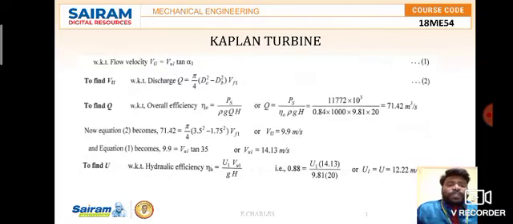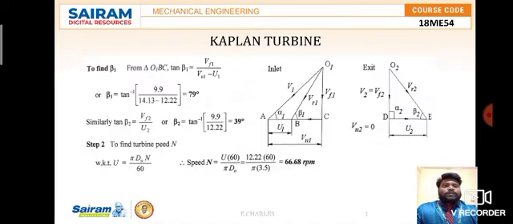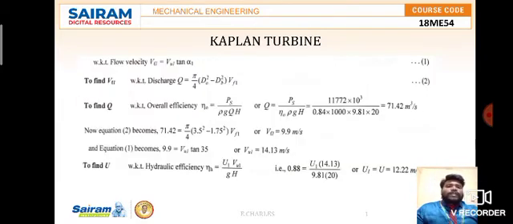If we know Vw1 and U1, we can analyze what kind of triangle we need to draw first. For that, the flow velocity Vf1 is equal to Vw1 tan alpha 1. So first and foremost, we need to find the flow velocity, that is Vw1 and tan alpha 1.